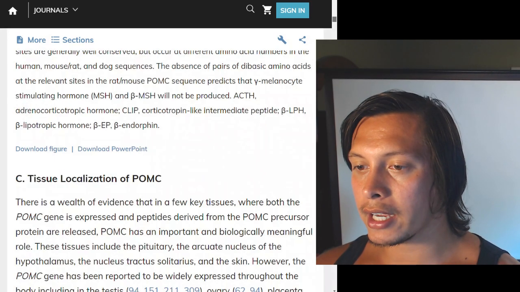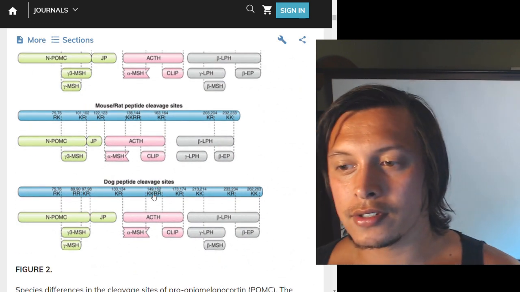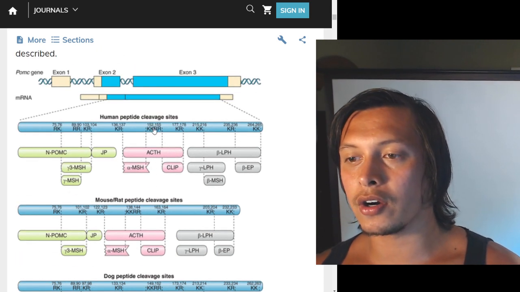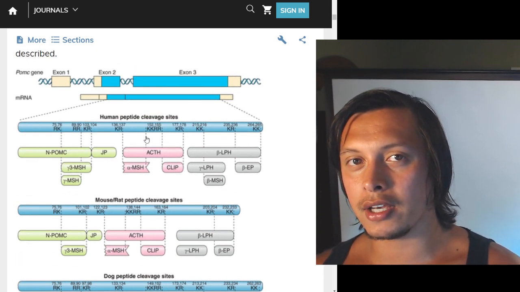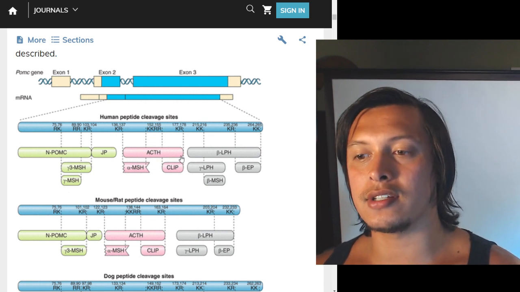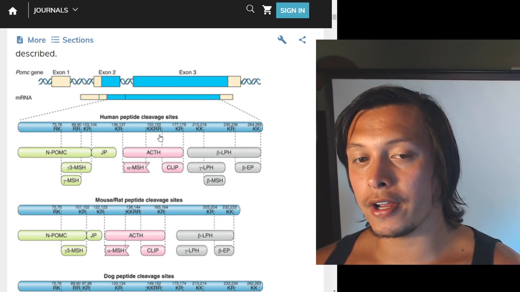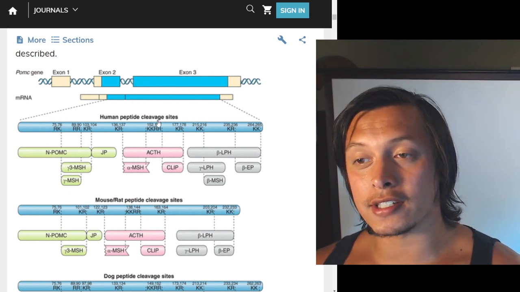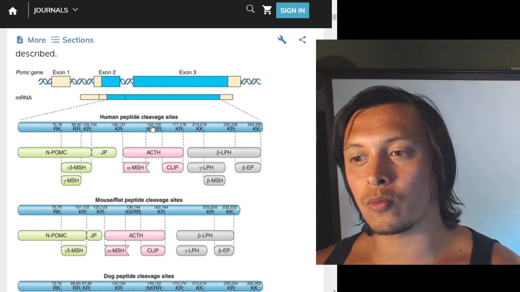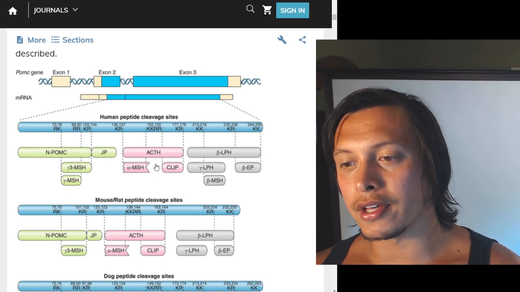So going back here, let's go to the human. There's a polybasic cleavage site right here within ACTH. Once this gets cleaved, there are still some basic residues associated with this.